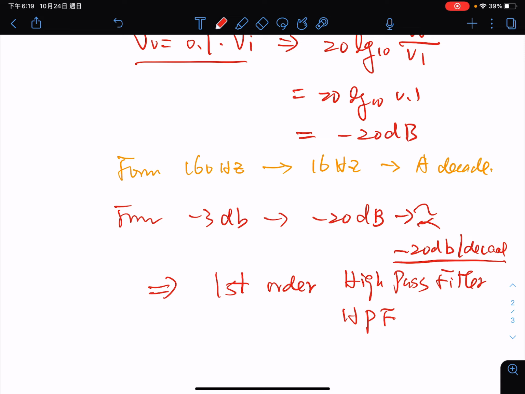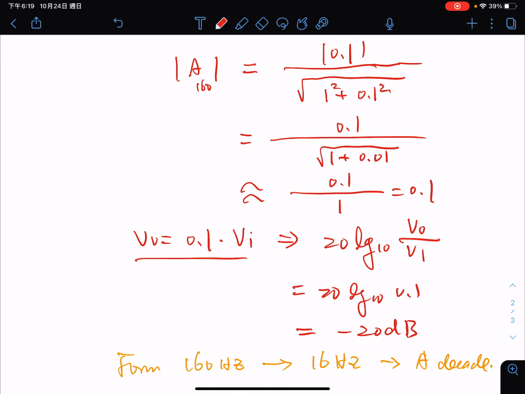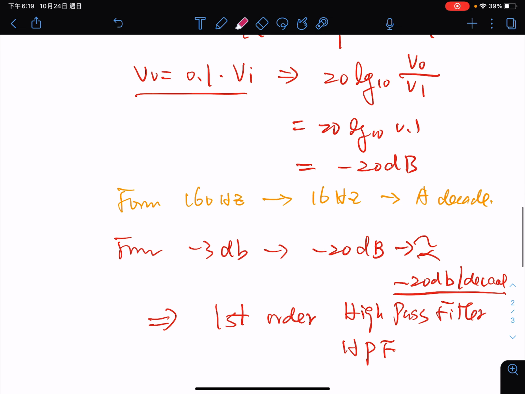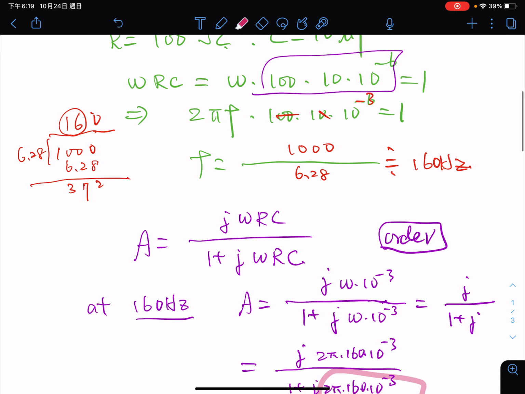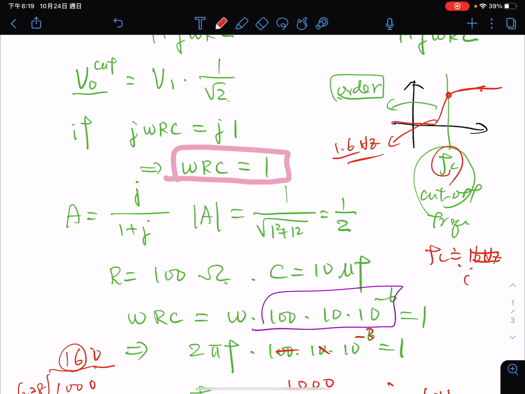Okay. All right. Because we made some change here, that's why it's all 0.1. Otherwise, it would be 0.09 something. So this is a first order high pass filter, and the cutoff frequency should be 160 hertz.